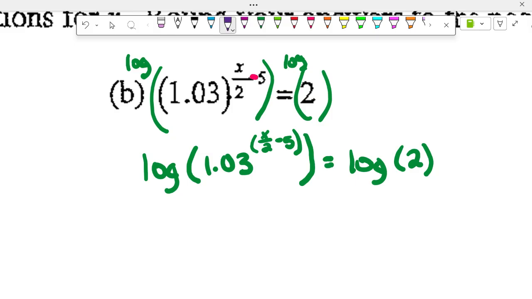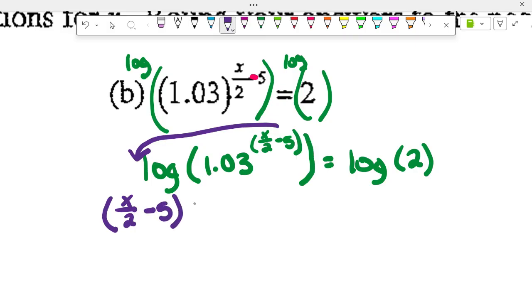Bring the exponent to the front. So we can't even touch any of the other operations until we bring the exponent to the front. Otherwise, the whole point of using logs to begin with is to get the exponent out of the exponent. In other words, get the x values out of the exponent so we can solve for x properly. So this would be, and remember, keep it in parentheses, x over 2 minus 5 log of 1.03 is equal to the log of 2.